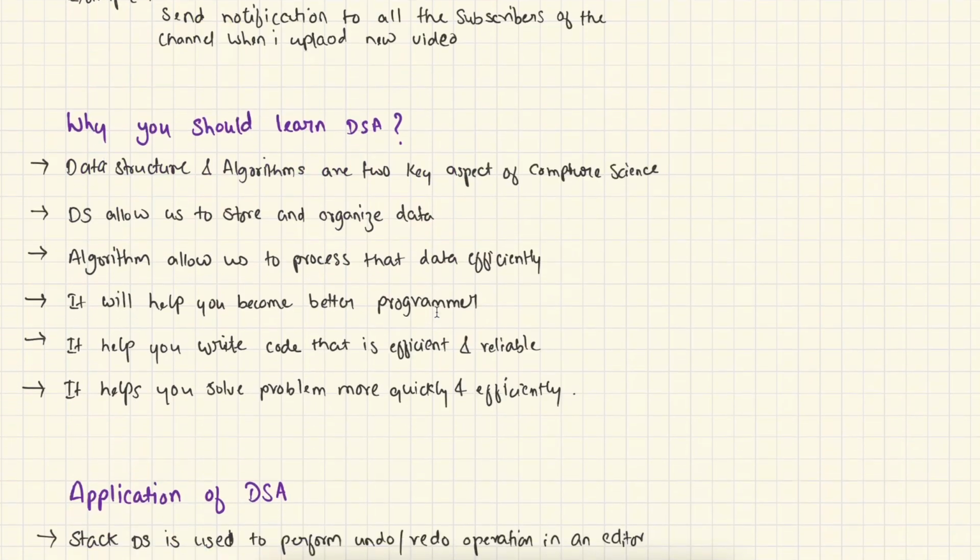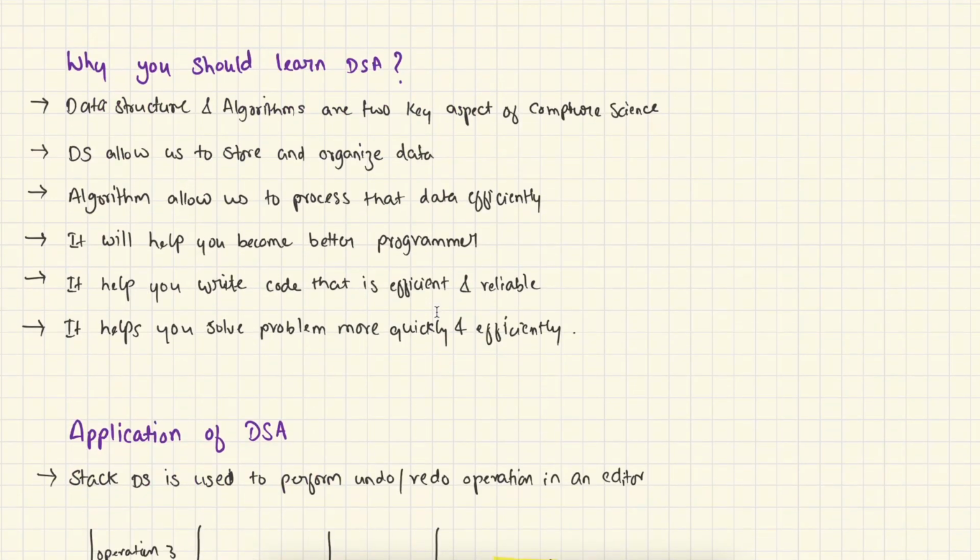Now the question is why you should learn data structures and algorithms. Because data structures and algorithms are two key components of computer science. That's why you must learn them. Data structures help you to store and organize data, right? And an algorithm allows you to process that data efficiently. So if you do not know how to organize data and how to process data efficiently, you are never going to become a better programmer.